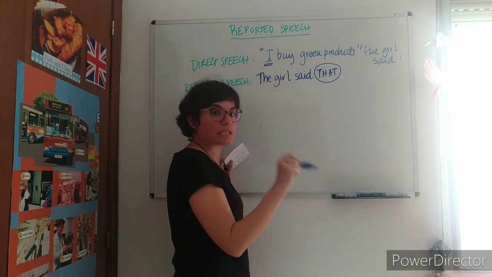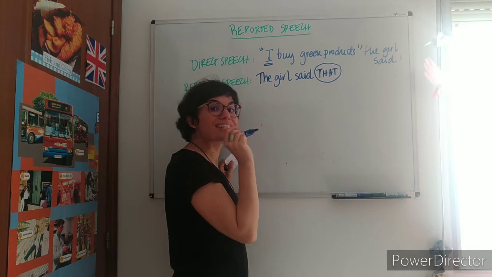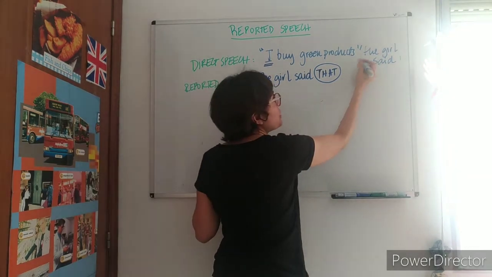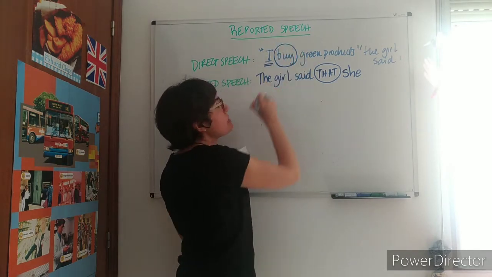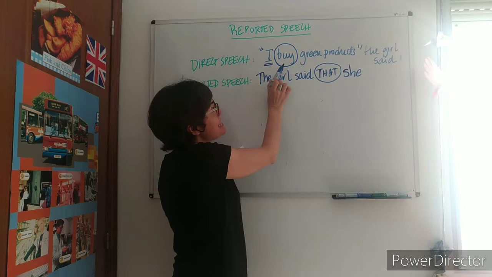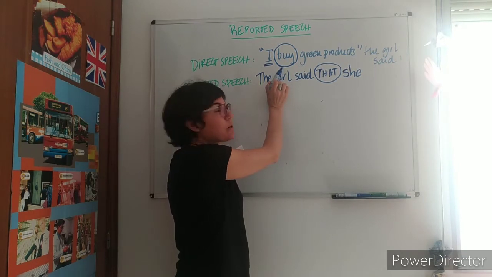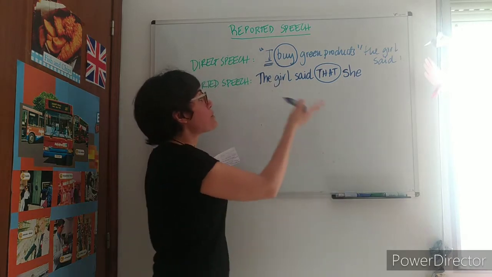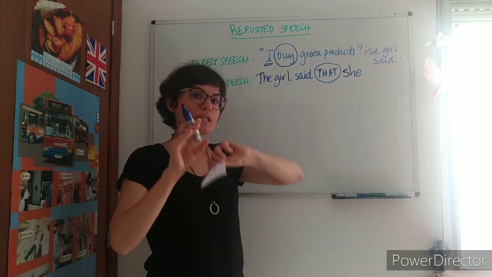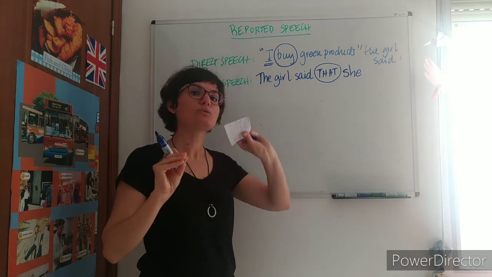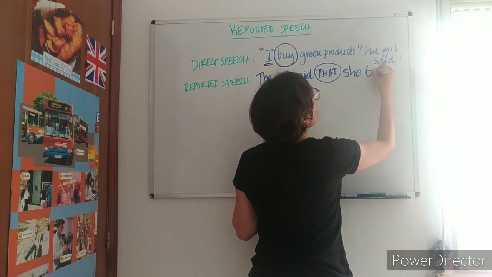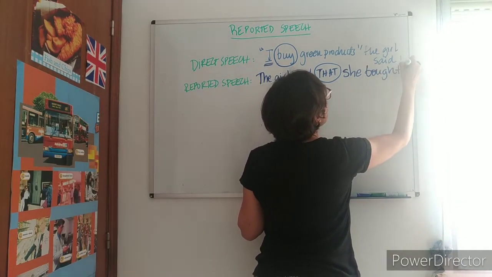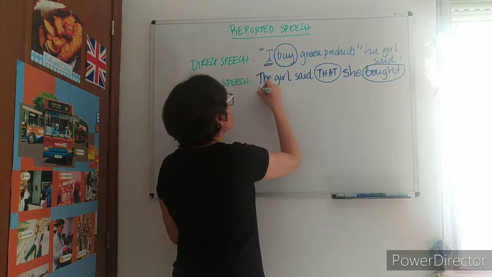So when we turn the sentence into reported speech, we must change I to she, and then second, change the verb, which is in the present simple in the direct sentence. In the reported speech, normally we turn the verb into a past tense. So the girl said that she bought green products.